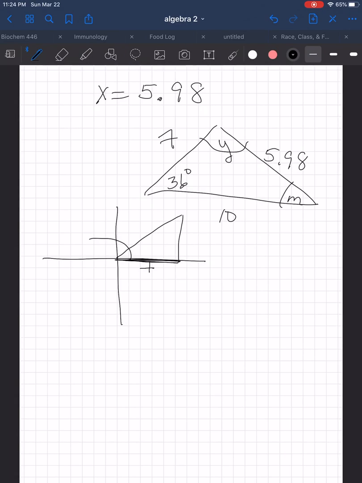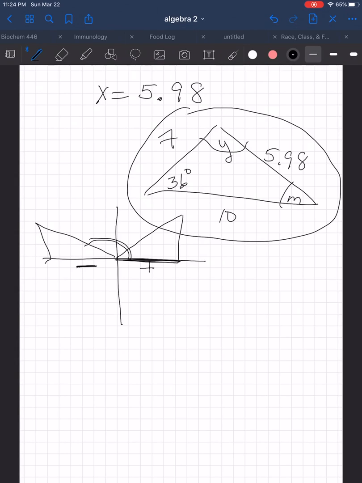If we have an obtuse angle in a triangle, it's going to come over here. Now the adjacent side is negative, so the cosine will come out to be negative. So we can use the law of cosines to find the obtuse angle, and then we don't have to worry about it.